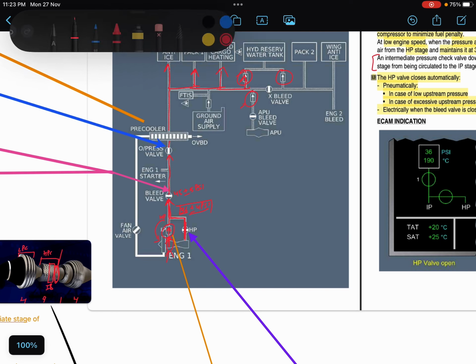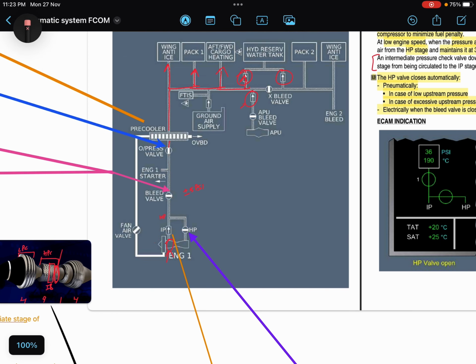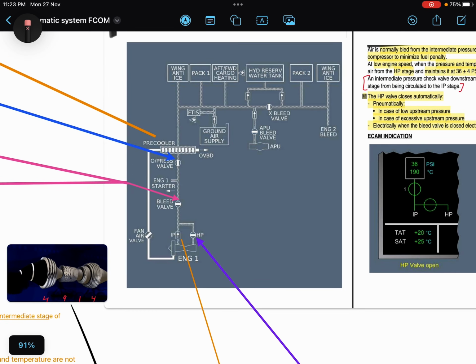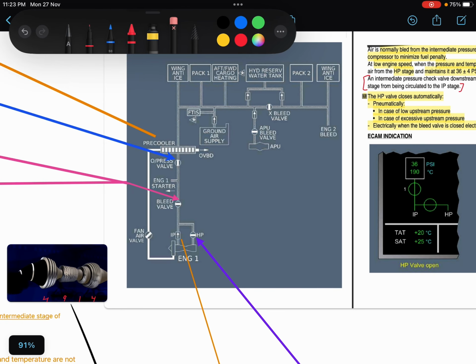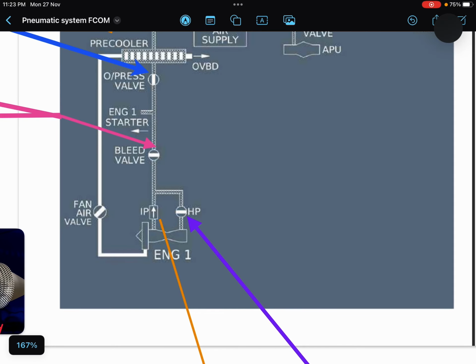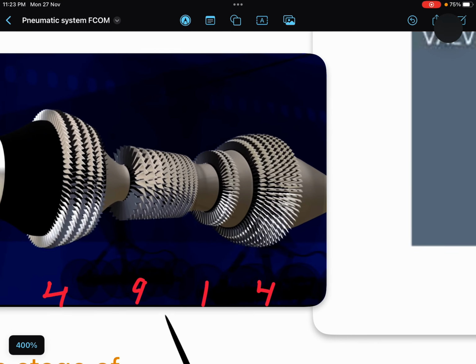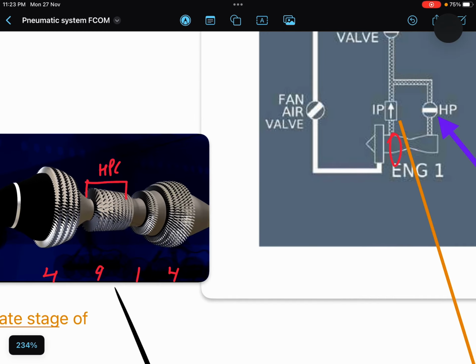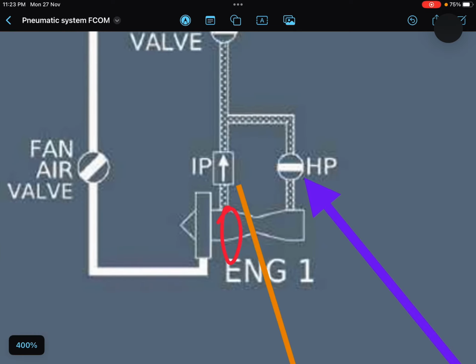Right, just a second, let me erase it. Now you have a fair idea of the whole schematic diagram. Now you know that air is taken from the intermediate stages generally, and you know what are the intermediate stages of the high pressure compressor, and what are the high pressure stages of the high pressure compressor.